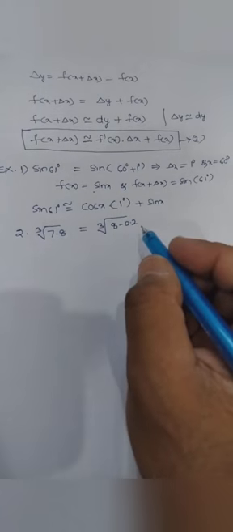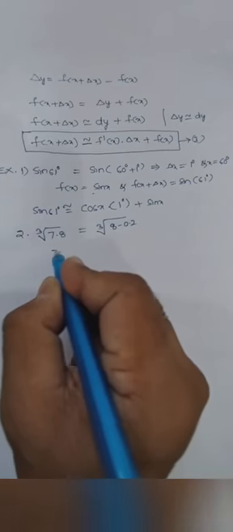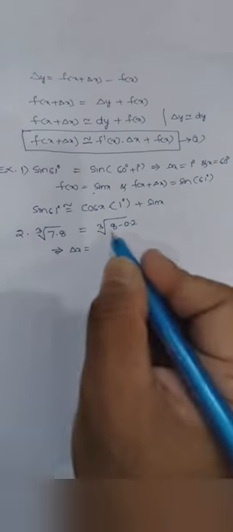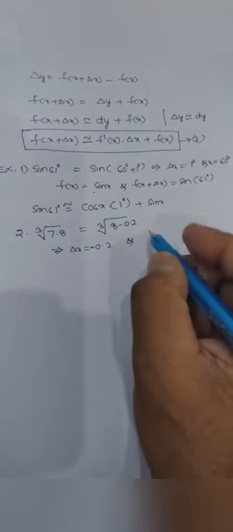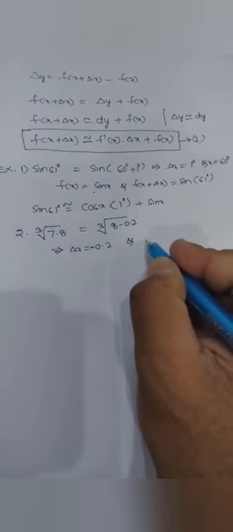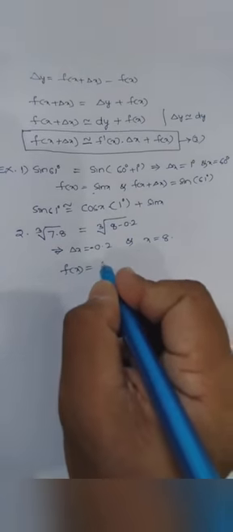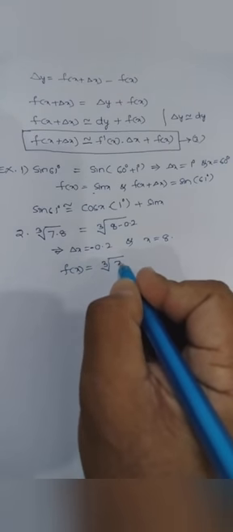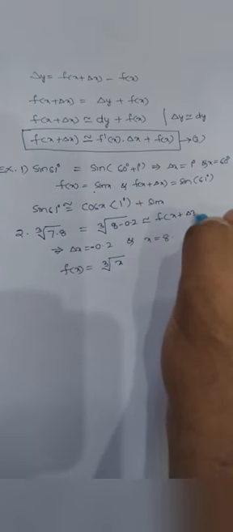Now the delta x value is negative 0.2, and x is 8. Our function is f of x equals cube root of x, and this one is f of x plus delta x.